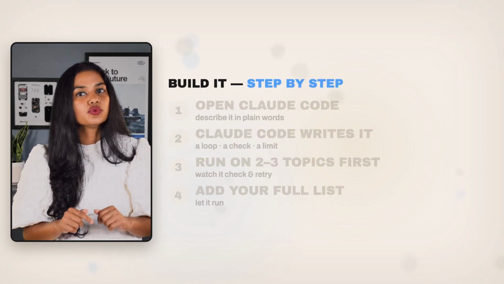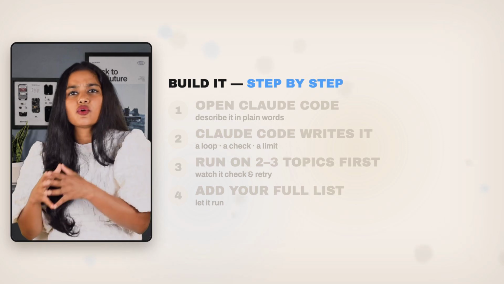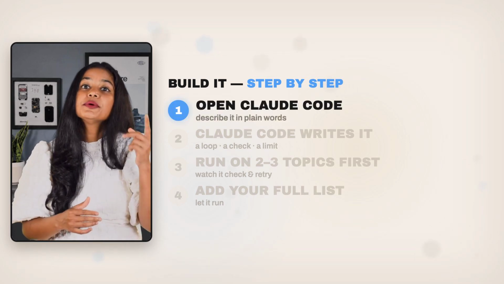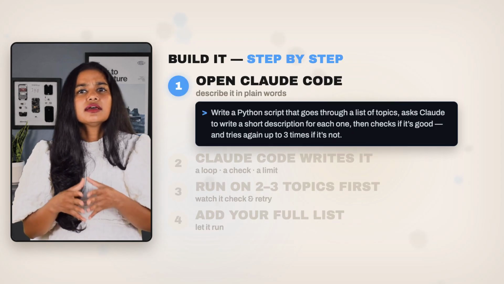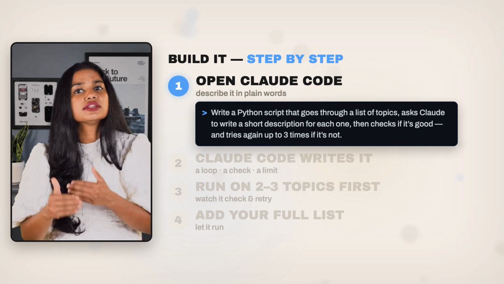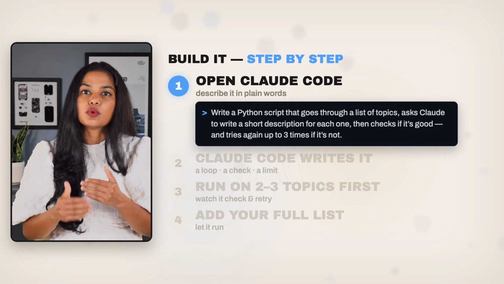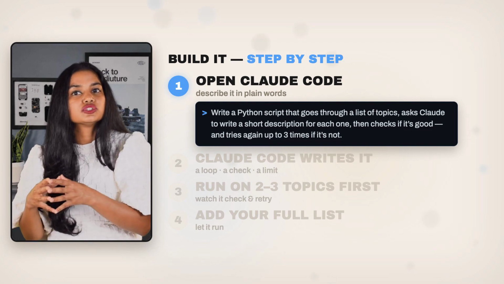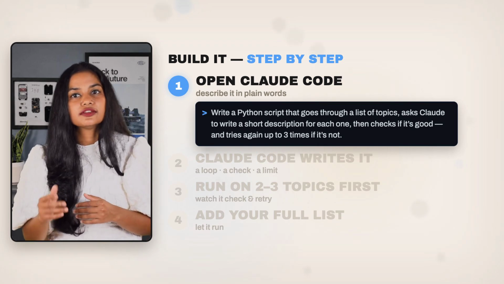Now, here's how you would actually build this with Claude Code, step by step, even if you have never coded before. Step 1, open Claude Code and just describe what you want in plain words. Something like: write a Python script that goes through a list of topics, asks Claude to write a short description for each one, then asks Claude to check if the description is good and tries again up to three times if it is not.